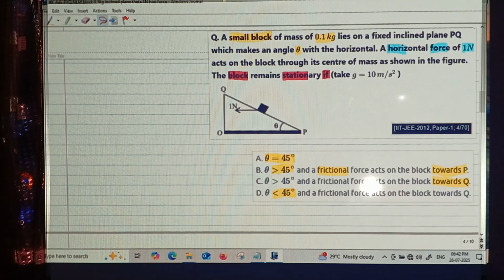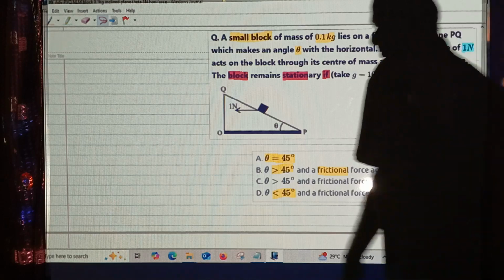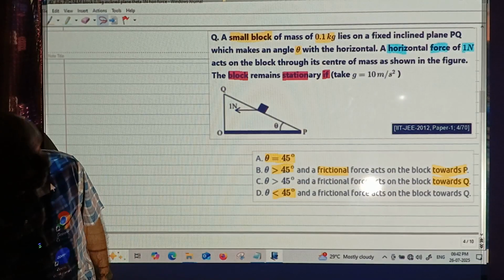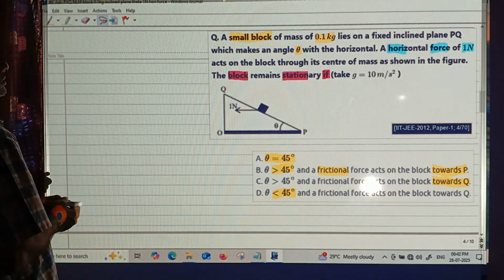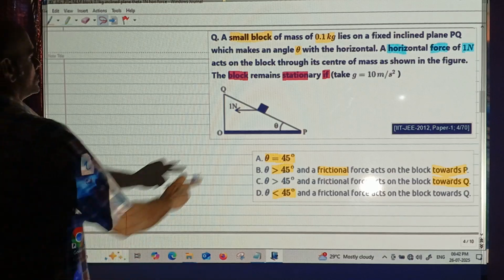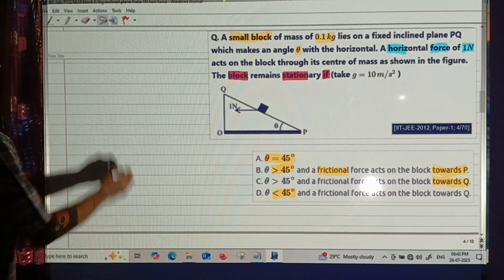This is a simple question. You can pause and try this question. So you have to figure out the forces acting on this block.